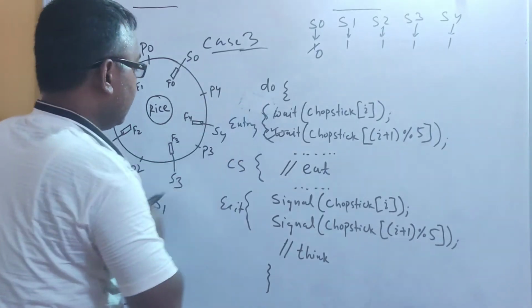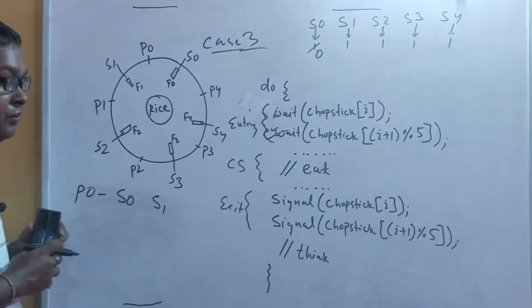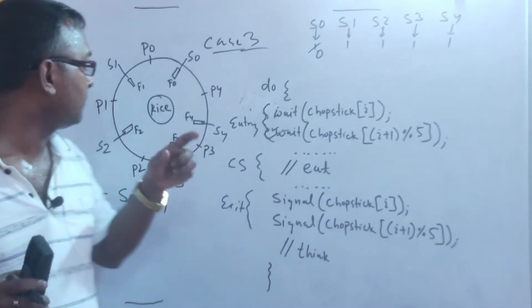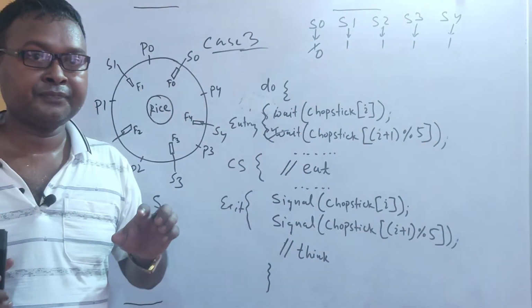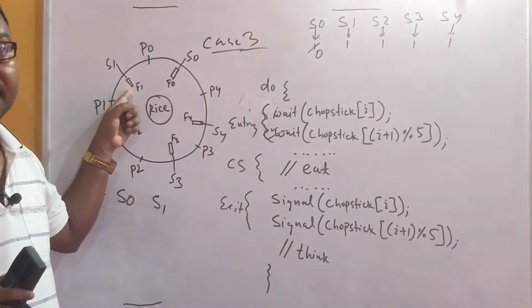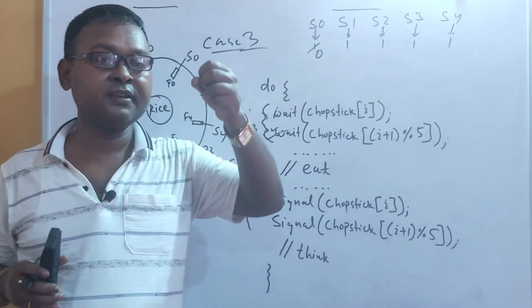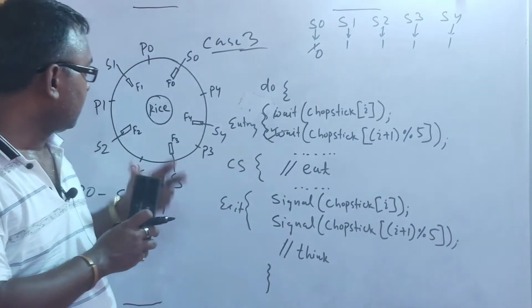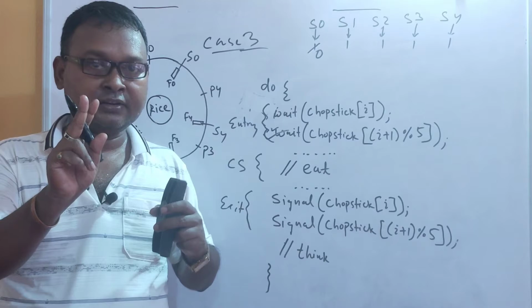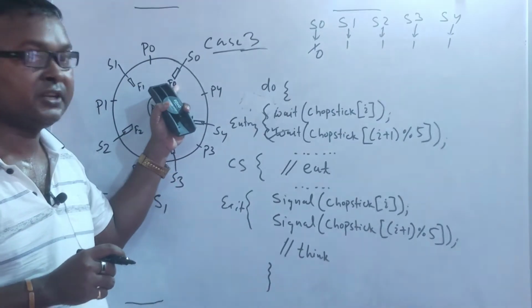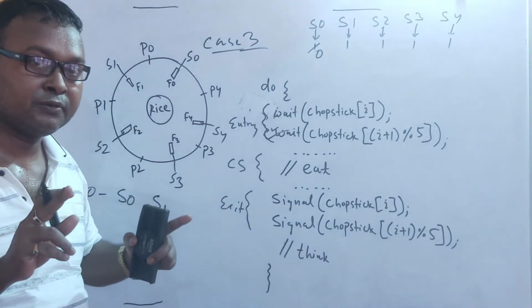With P0, only F0 is there, and it could not access F1. For a philosopher to eat the bowl of rice, 2 forks are required. He has picked only one fork and could not pick the second.